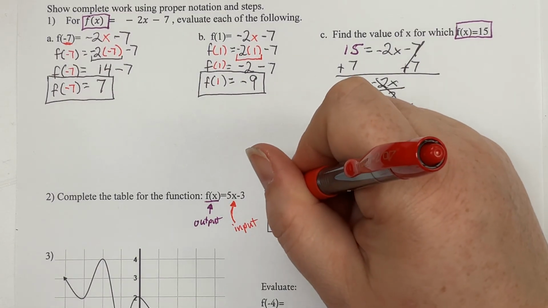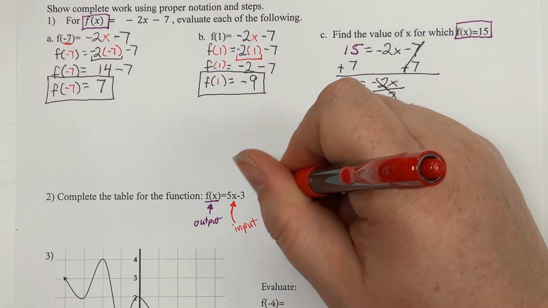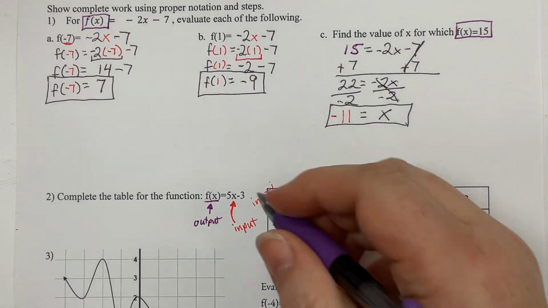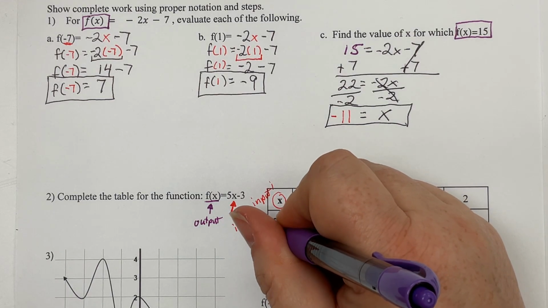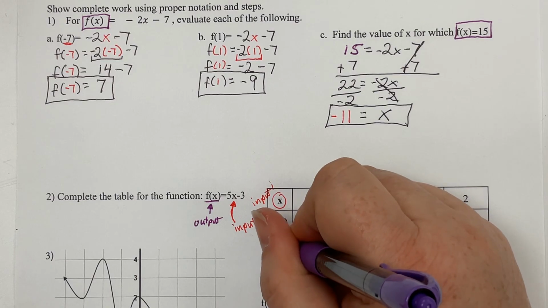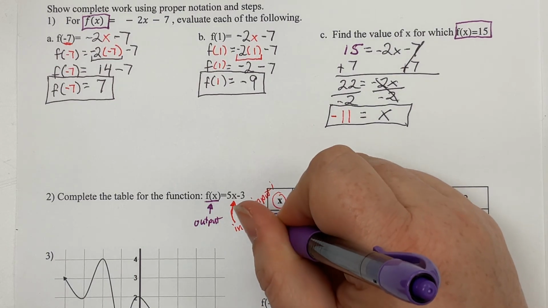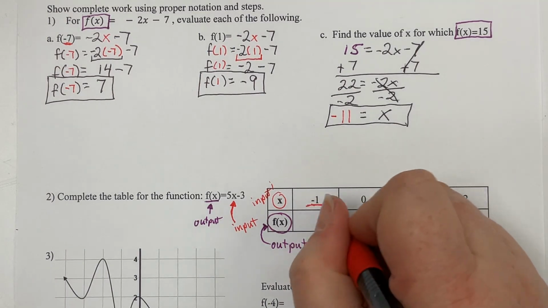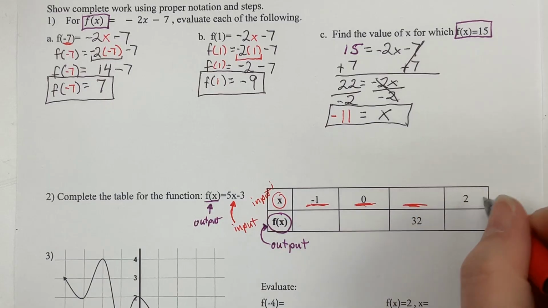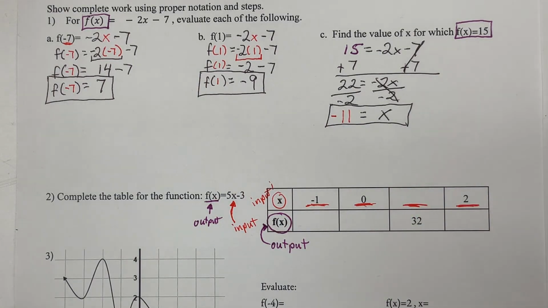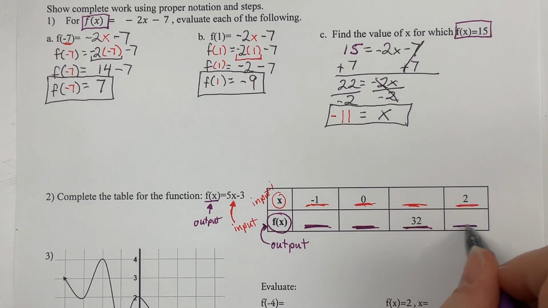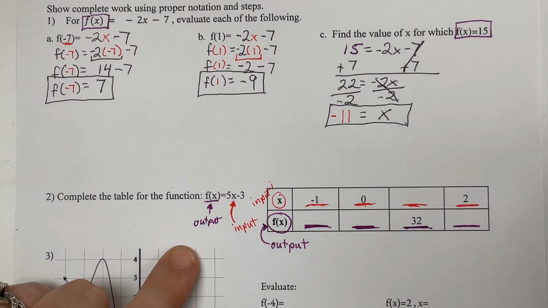So right here, this is my input, and here, this is my output. So all of these are going to be input answers. We want to know what x is. And all of these are going to be output answers. All right, so let's go ahead and set up a problem. Hopefully I haven't confused you.